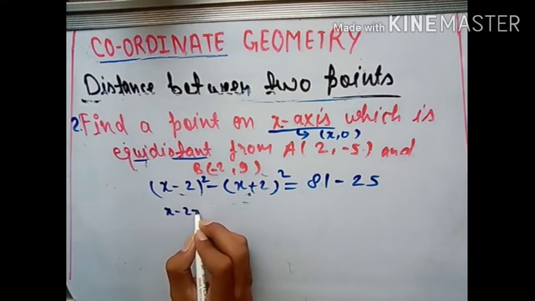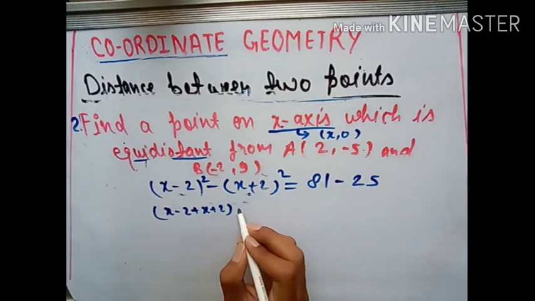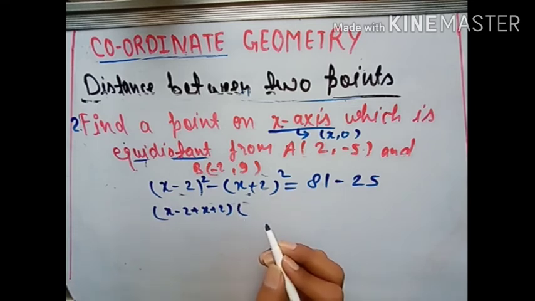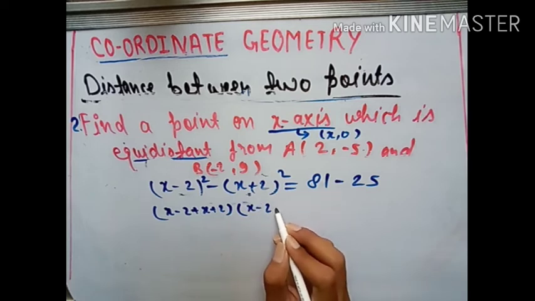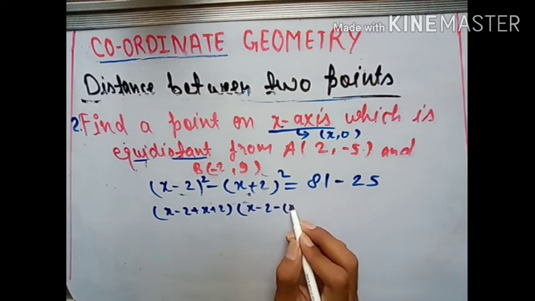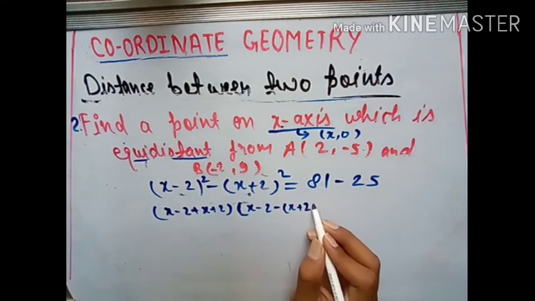X minus 2 plus x plus 2 in one bracket, then thereafter x minus 2 minus x plus 2. Do you understand why I did this?